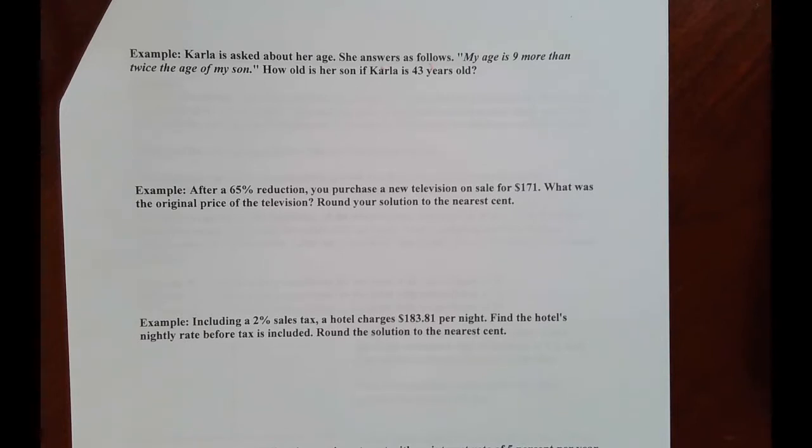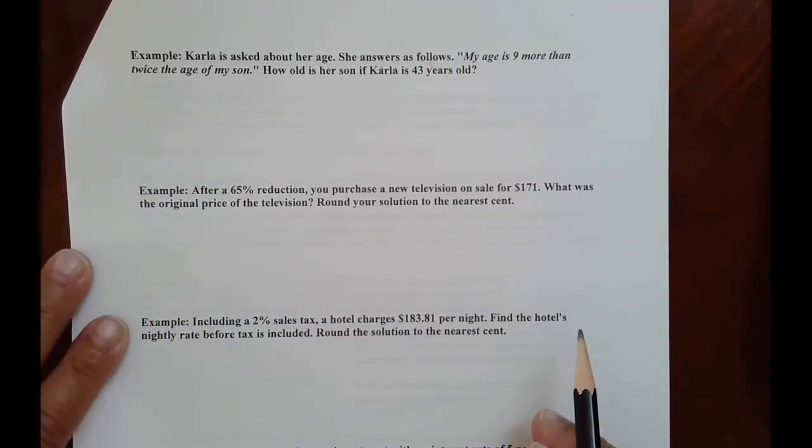And I will still be using the 5-step process as I go through this. I'm going to read for understanding. I'm going to come up with algebraic expressions to represent the unknowns. I'm going to try and represent one quantity in terms of the smaller quantity. I'm going to create an equation, and then I'm going to solve it and check it. So still using the 5-step process. I'm just not writing steps 1, 2, 3, 4, and 5.